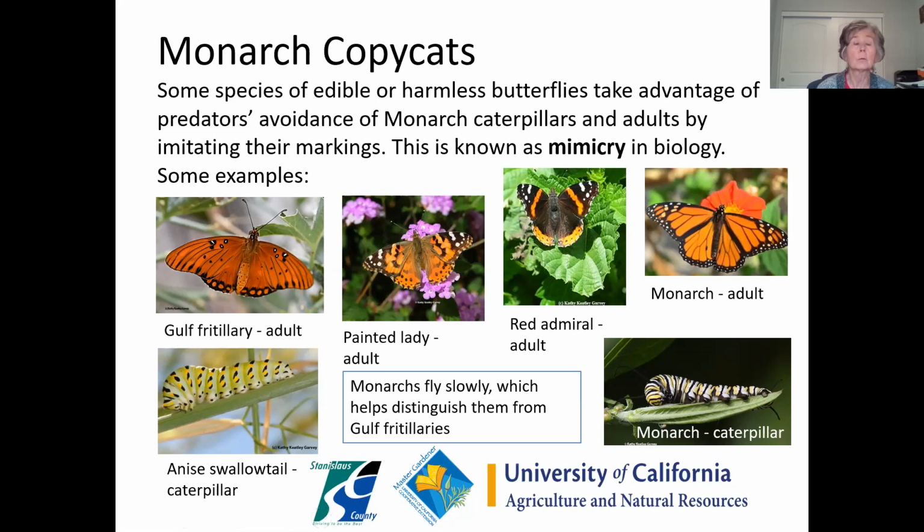And this is also true of the caterpillar stage. Any swallowtail butterfly caterpillar looks very similar to the monarch caterpillar. Now monarchs fly slowly, which helps distinguish them from gulf fritillaries and other butterflies who tend to flap their wings, whereas monarchs tend to soar.